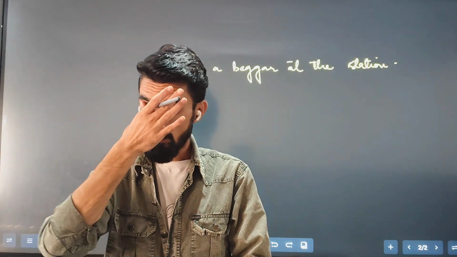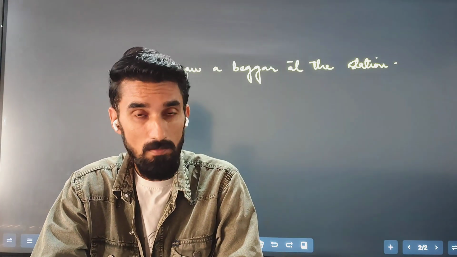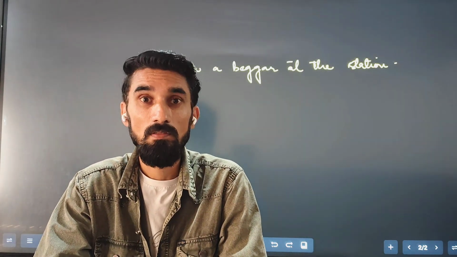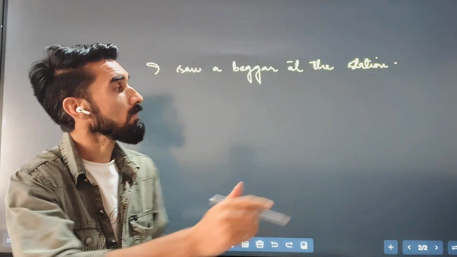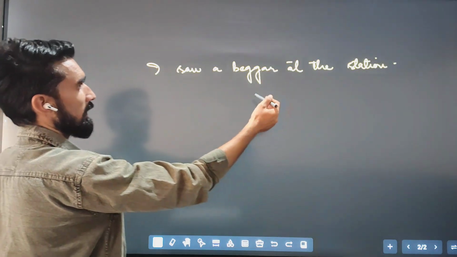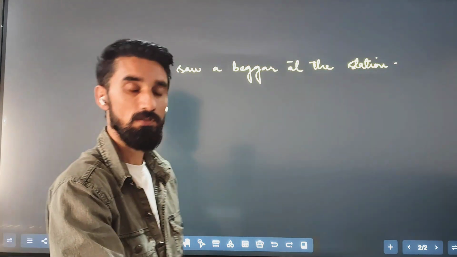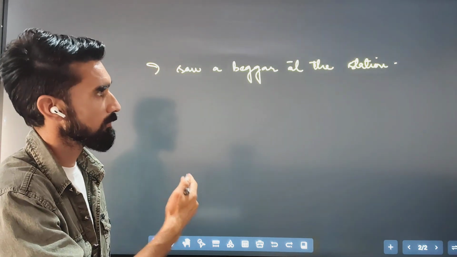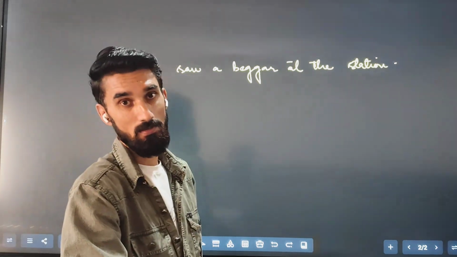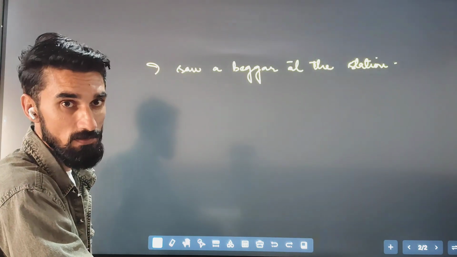So this is a simple sentence. It is a simple statement. Like, I saw a beggar at the station. You generally find there is just one verb used there, and it is a finite verb. It is a simple sentence and it can be called a clause too. I saw a beggar at the station.